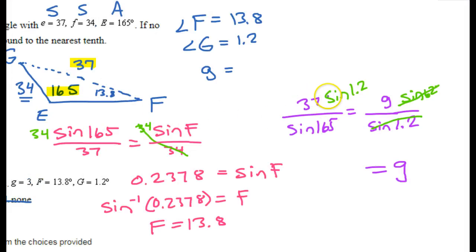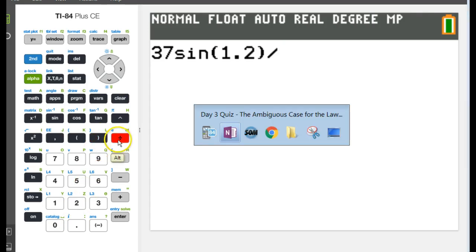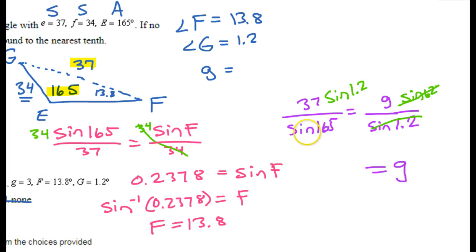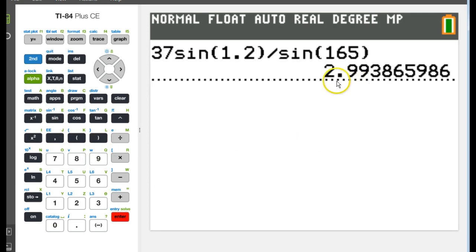I do 37 sine 1.2, and then divided by sine 165. And I'm getting 2.99, so that's going to round to 3.